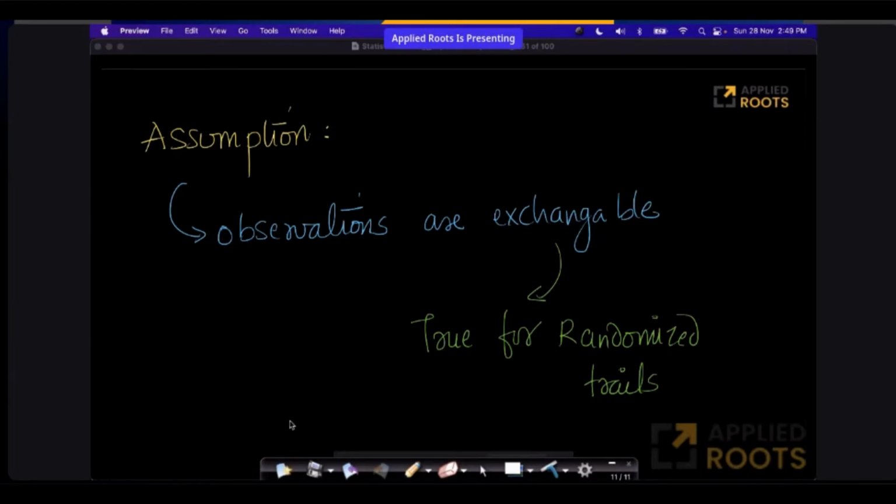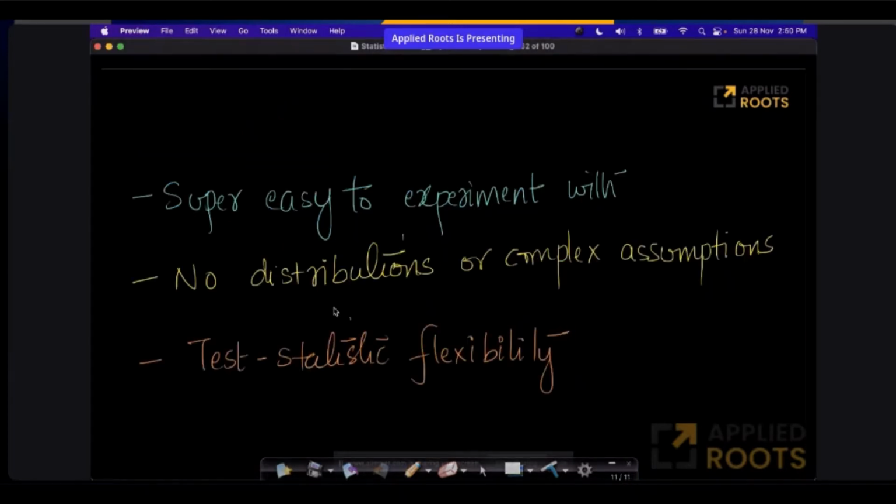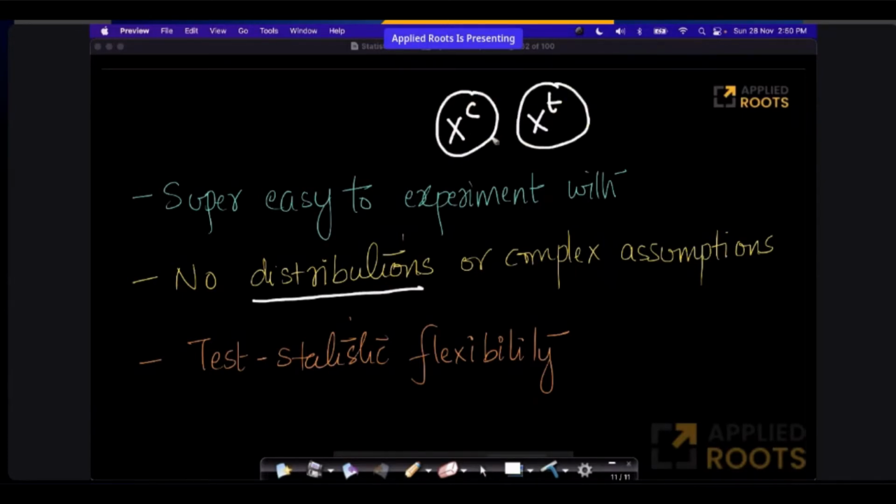Another issue with permutation testing, it's both an issue and a power of it, which is it does not assume any distributions. For example, we had our XT and XC. It does not assume anywhere that XC is Gaussian distributed or specifically distributed. It doesn't care. While other tests, right, make some assumptions about it.